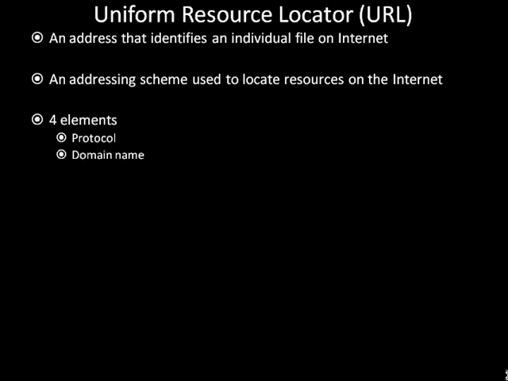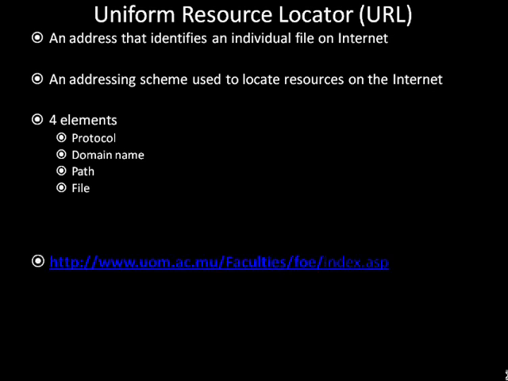The domain name of the server. The server is the computer where the website is hosted on the Internet. The path. The path is the folder or directory on the server in which the web page is found. The file. The file is the web page that the client is trying to access. The example of a URL has been described.